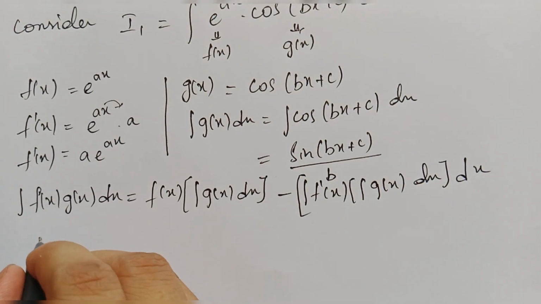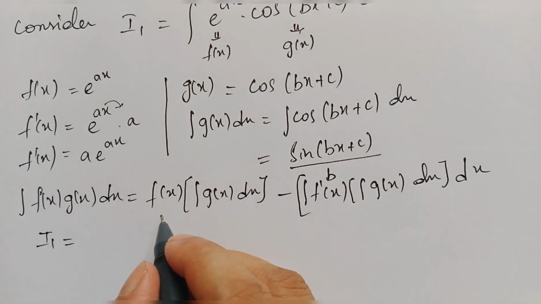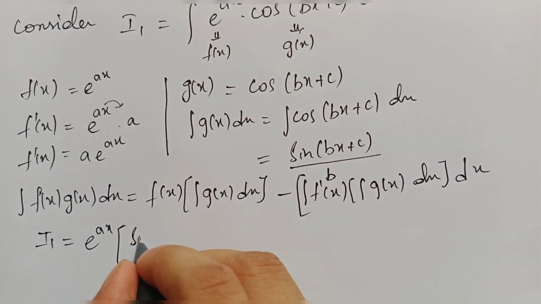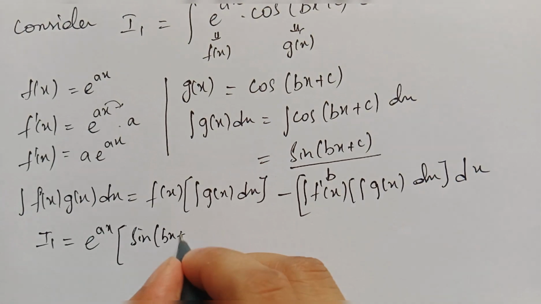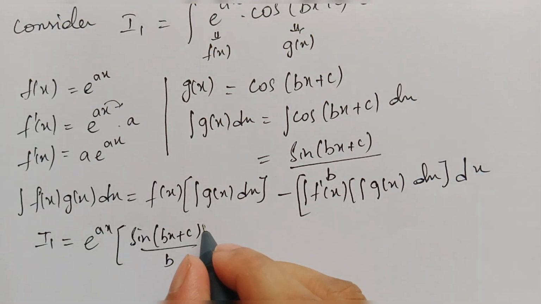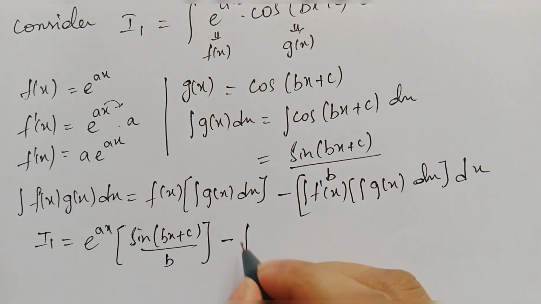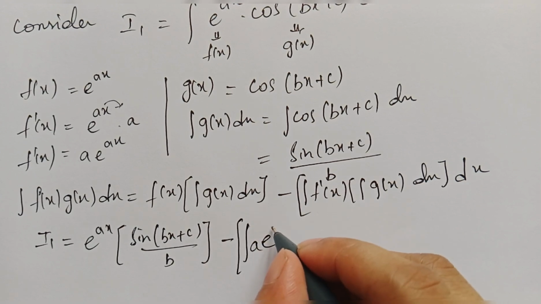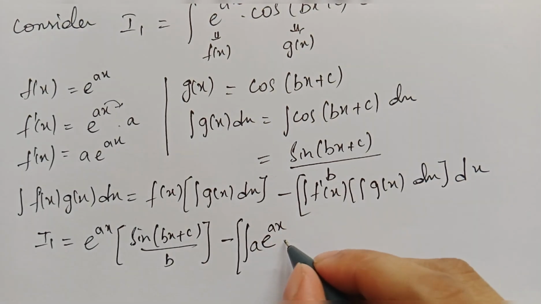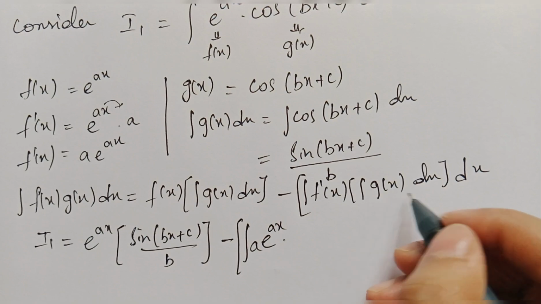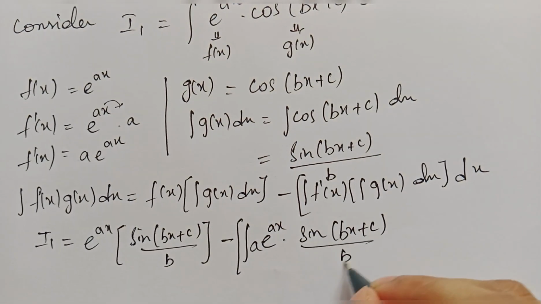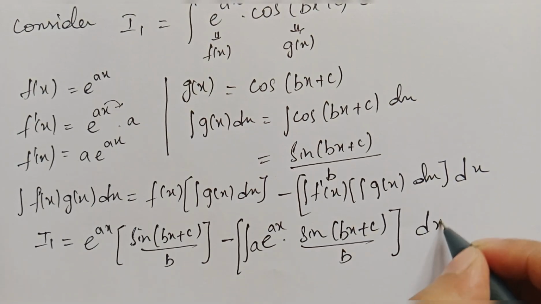Substitute the values, so we'll get I1 is equal to f(x), which is e^(ax), into the integral of g(x), which is sin(bx + c) by b, minus the integral of f'(x), which is a into e^(ax), into the integral of g(x), which is sin(bx + c) by b, whole dx.